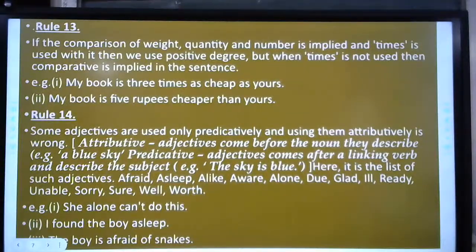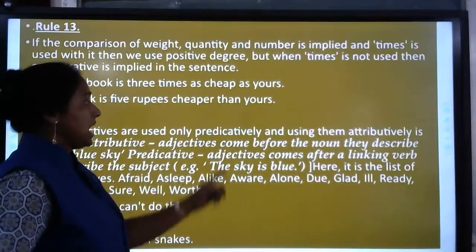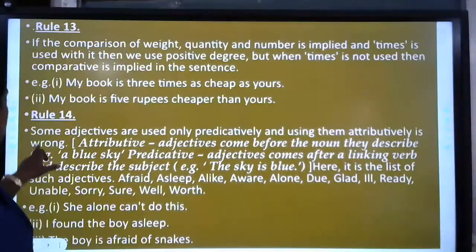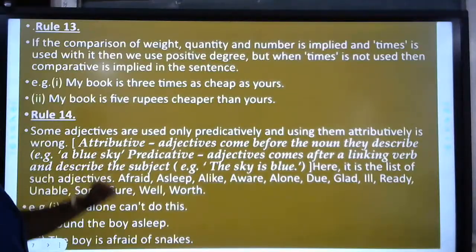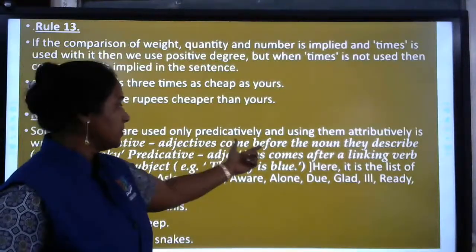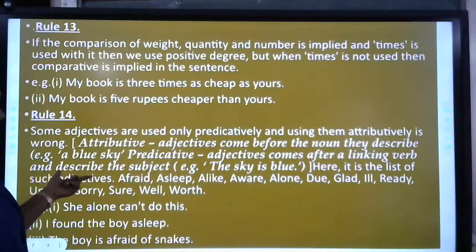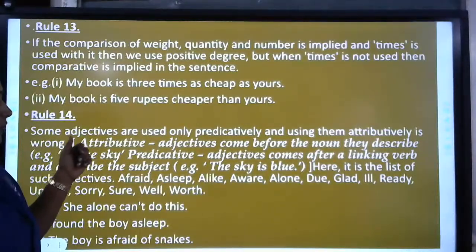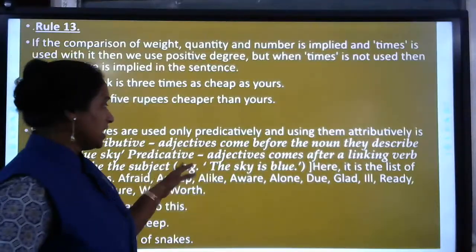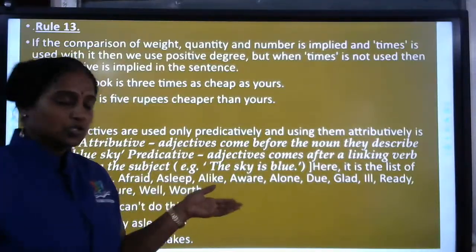Next, rule 14. Some adjectives are used only predicatively, and using them attributively is wrong. What do you mean by attributive? Attributive means the adjective comes before the noun and describes it. For example, the sky is blue, and instead of that, we say the blue sky.